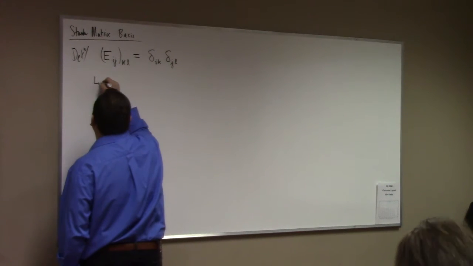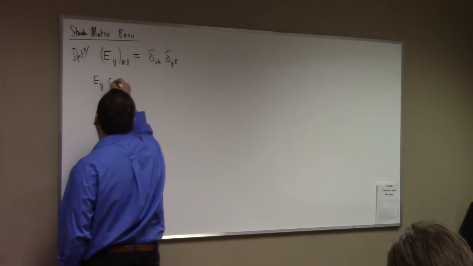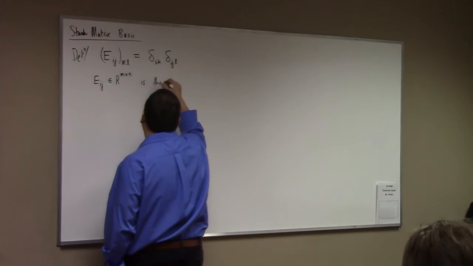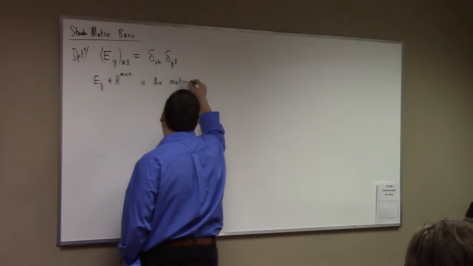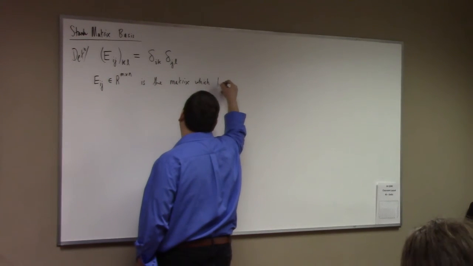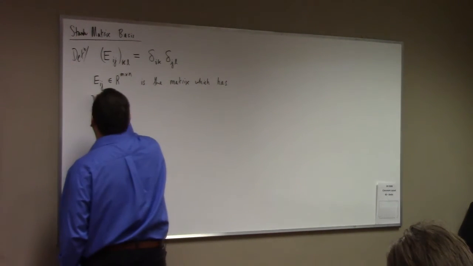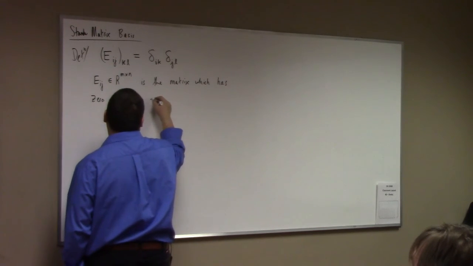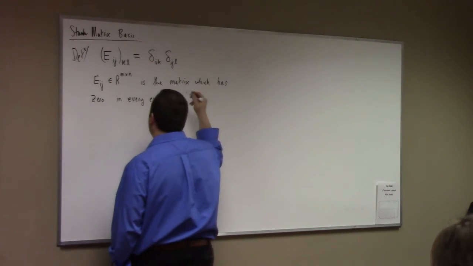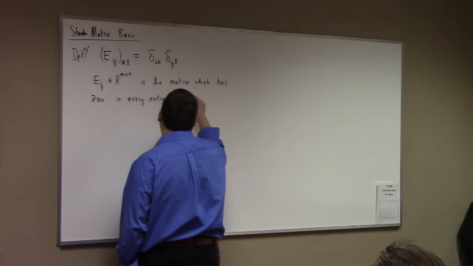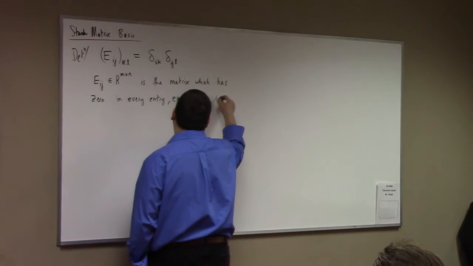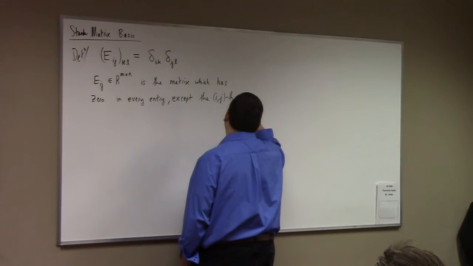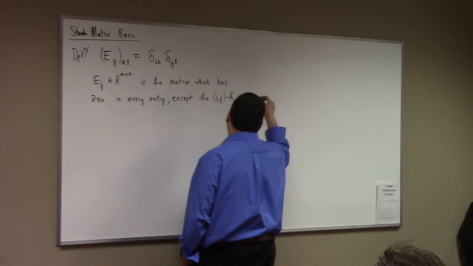In other words, E_ij in R m by n is the matrix which has 0 in every entry, or slot if you like, except the ijth position, or entry, where we find a 1.